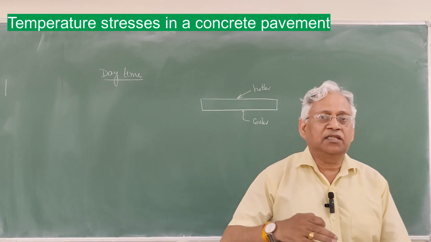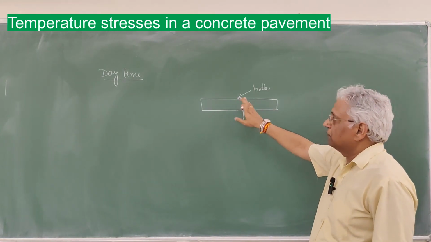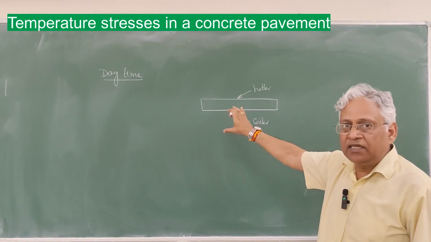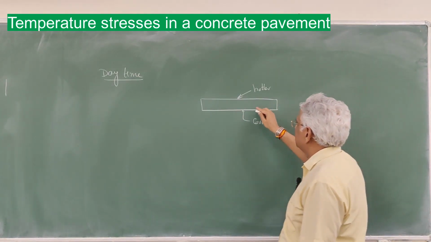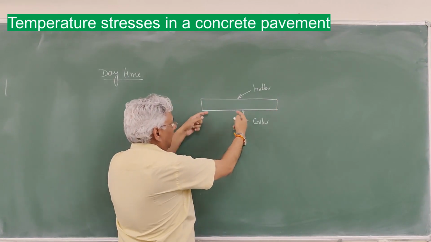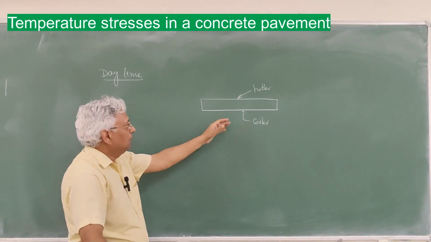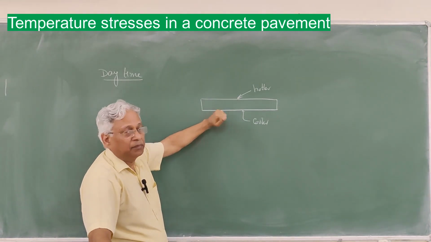The top surface is hotter than the bottom surface. It is cooler. And because of this temperature gradient in the pavement slab, this will expand more than the lower fiber or the lower surface of the concrete slab.